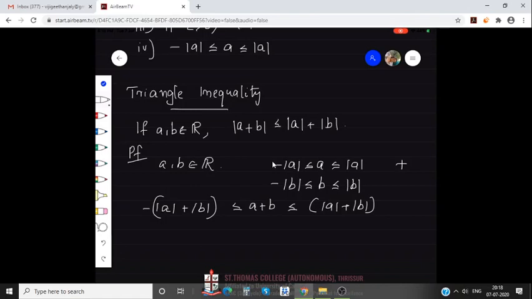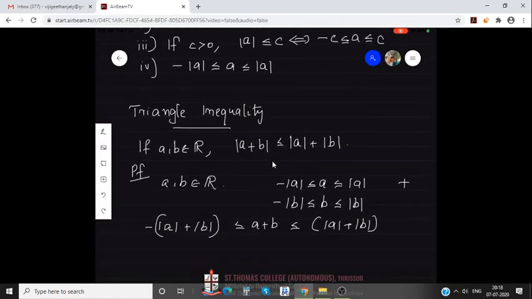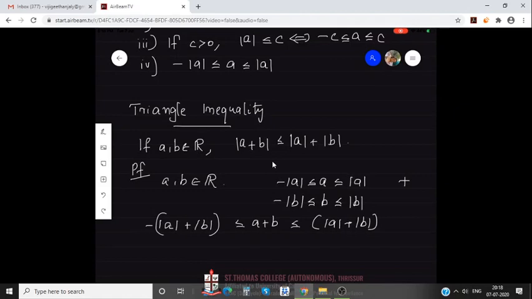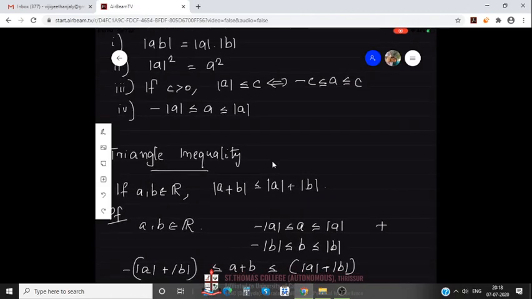Now look at the second statement of this theorem. If c is greater than 0, then absolute value of a less than or equal to c is equivalent to minus c less than or equal to a less than or equal to c.